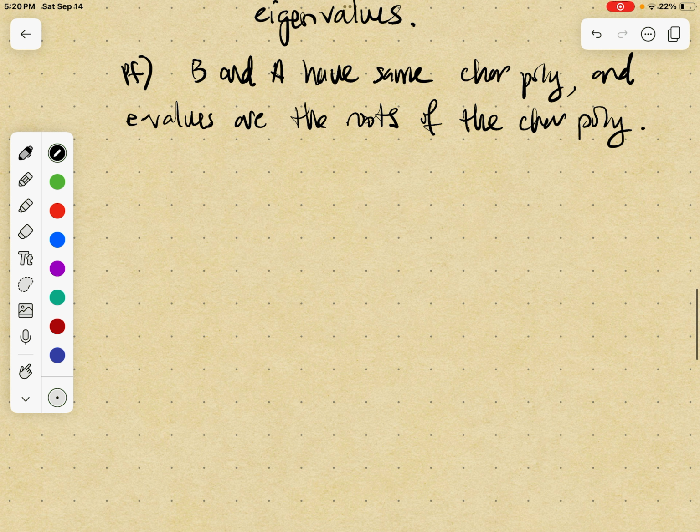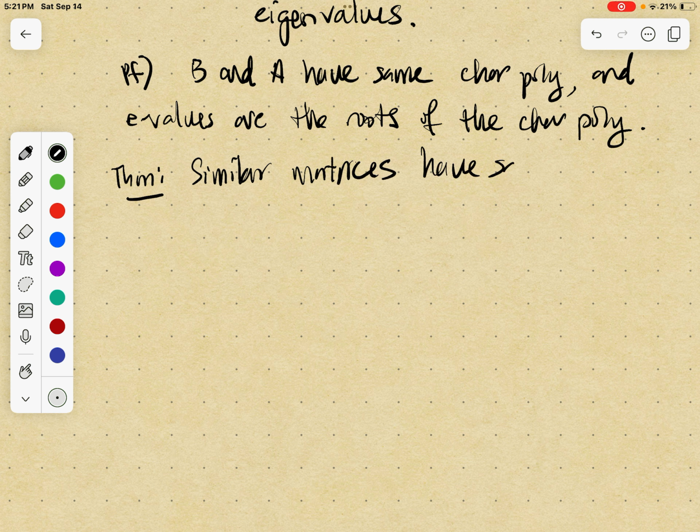Yeah. And in the video on the trace, we show that, well, some of the things we sort of just assumed, but the theorem is that similar matrices have the same trace. That is, if you take the entries on the diagonal and add them up, you get the same number.